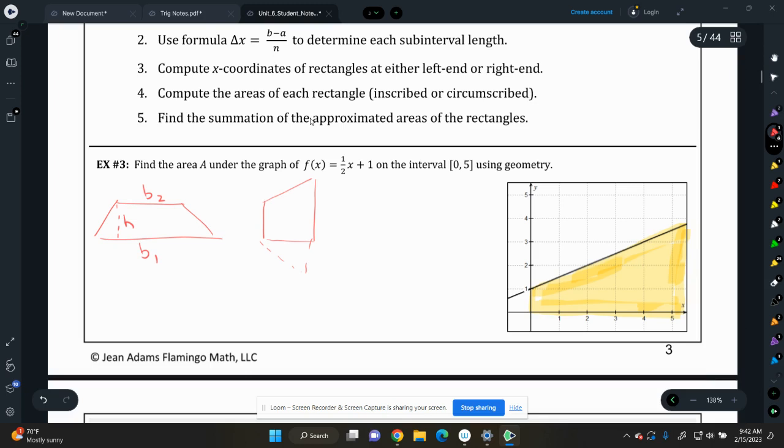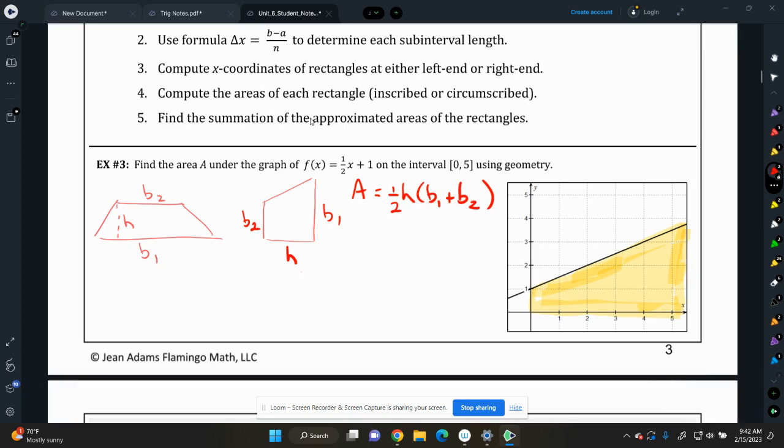There's my height right there. This is my height, this is my B1 and this is my B2. It doesn't matter what order we put the B1 and B2. The area of a trapezoid is 1/2 the height times B1 plus B2. You are expected to know that.